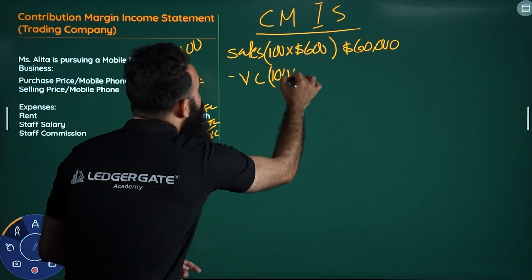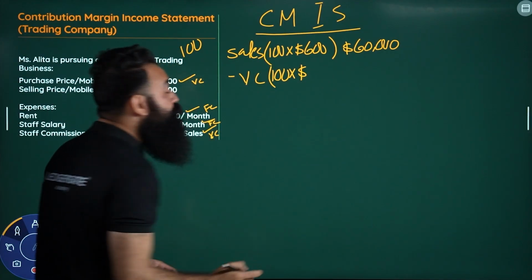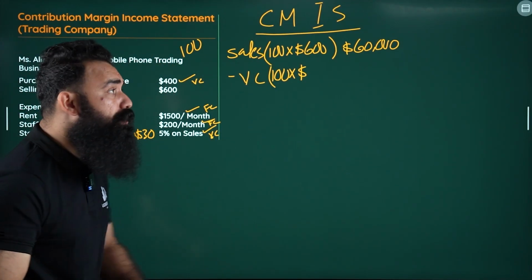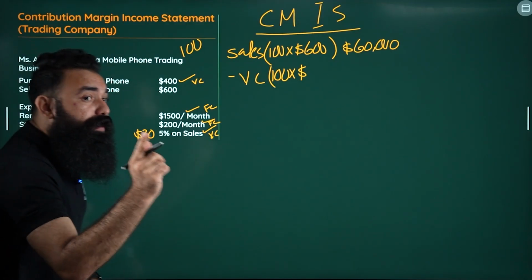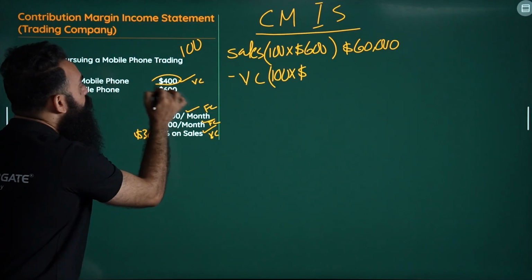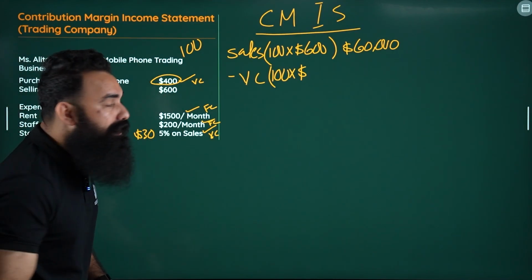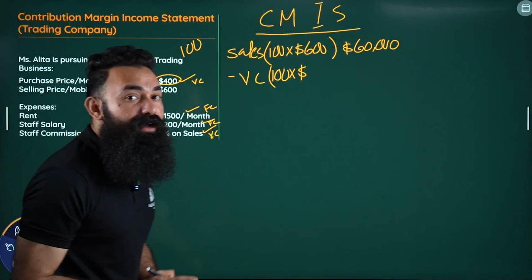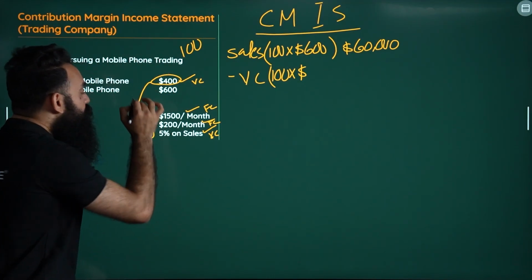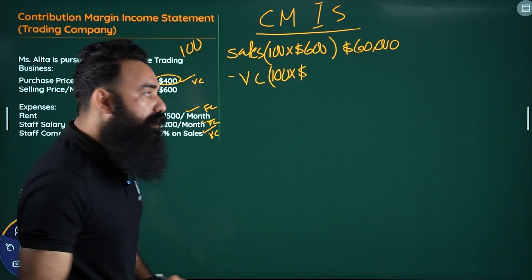What would be our variable cost per unit for each mobile phone? In order to sell each mobile phone, we have to purchase it for $400. Apart from that, in order to get this product to the customer, the salesman will ask for $30 commission.